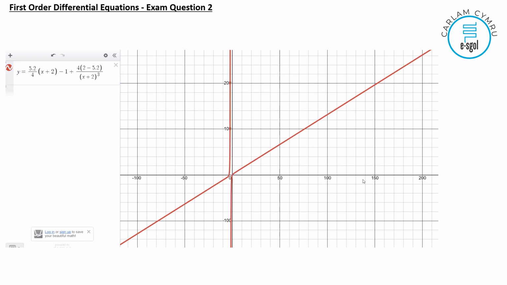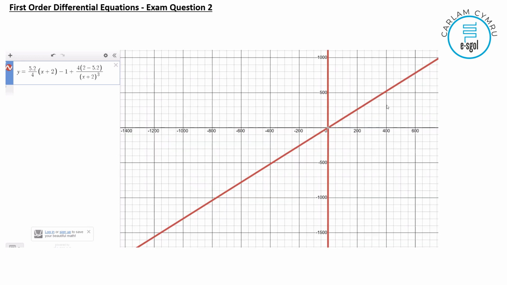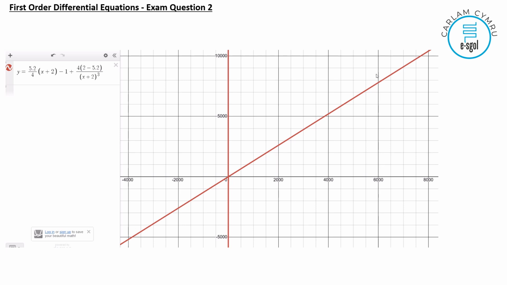But if we're looking at large values of t, for instance, t is, I don't know, 400 or something, we're getting our raindrop travelling at 521 meters per second, which might not be realistic. If we continued to like 6,000 seconds, that's not actually going to be possible, but look how fast the speed is here. So that's where they're heading with that final part of the question.